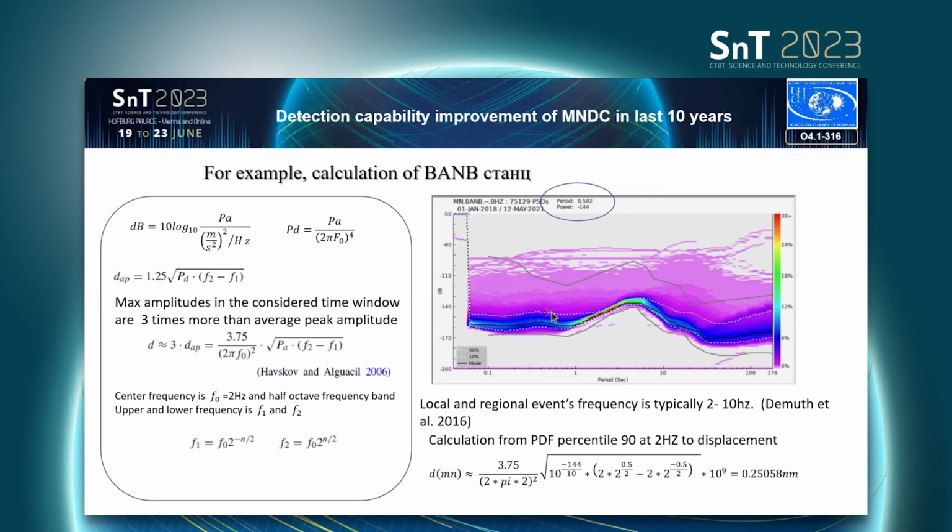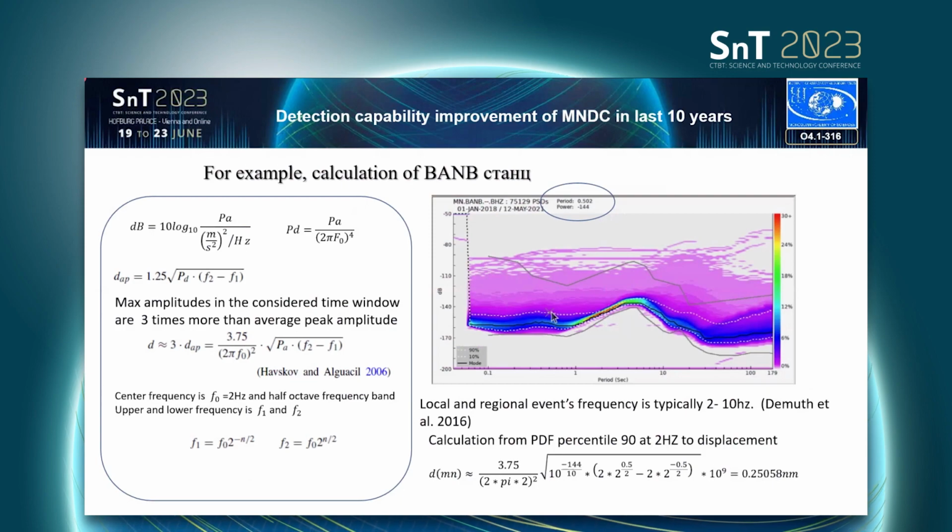Okay, my center frequency is 2 Hz, because mostly it should be 2 to 10 hertz, but mine shows the center frequency is 2 hertz. One example is the BNB station on the west side.